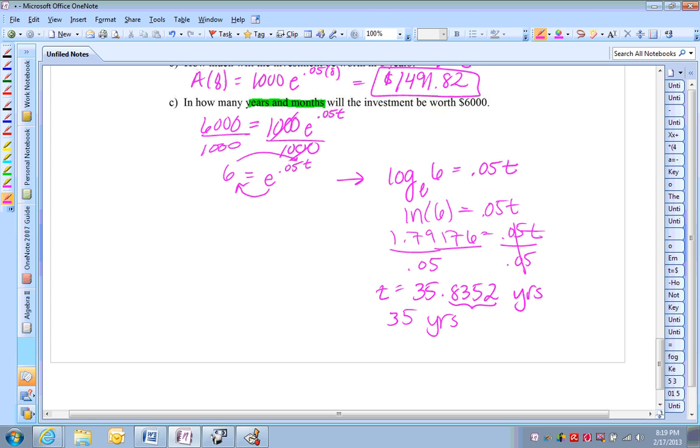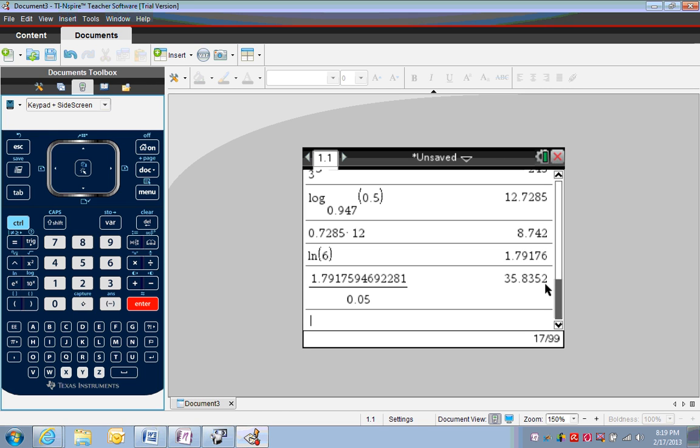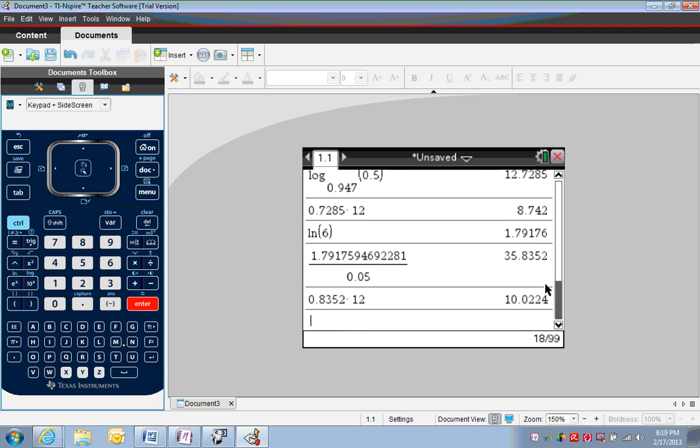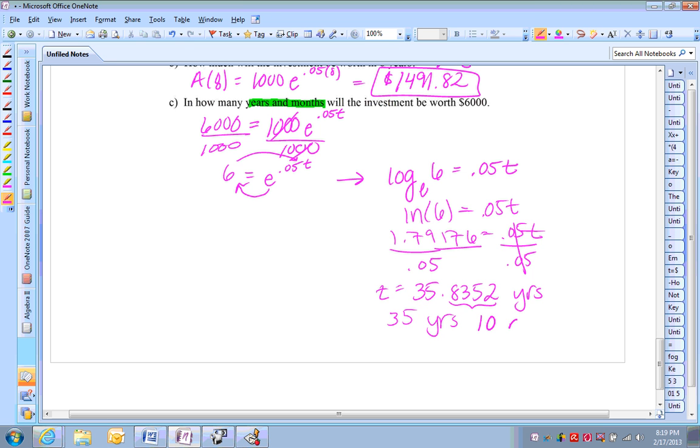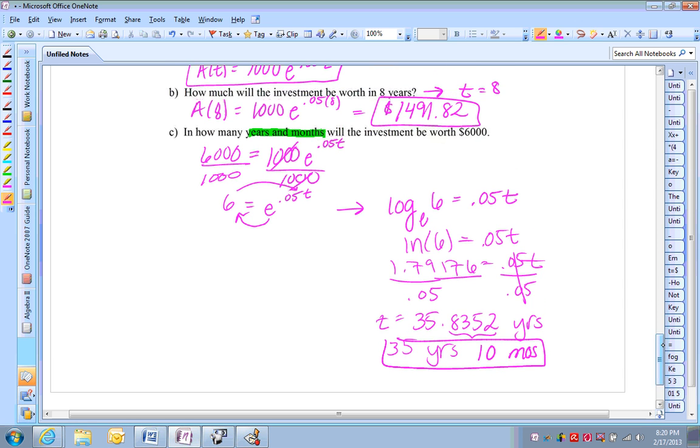We take this decimal value of 0.8352 and multiply it by 12 in our calculator. The number of months is 10. So we get about 10 months. Our answer is 35 years and 10 months for the investment to be worth $6,000.